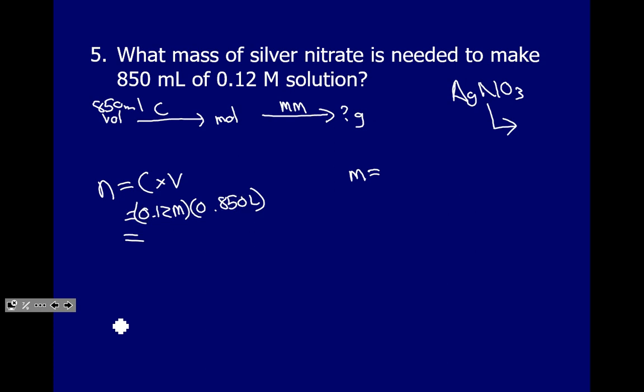Do you have a molar mass of silver nitrate? 170 grams per mole. And it's not that I don't trust you, but do we like it? Okay, we like it. All right. What am I doing?